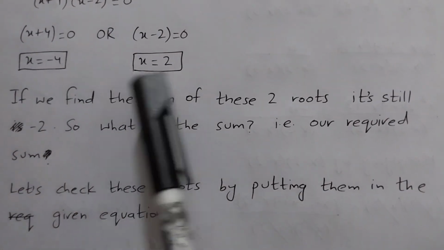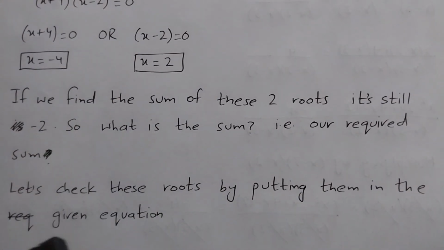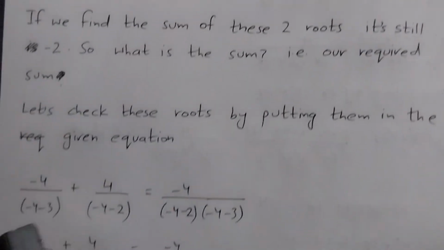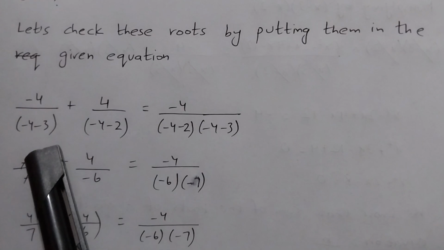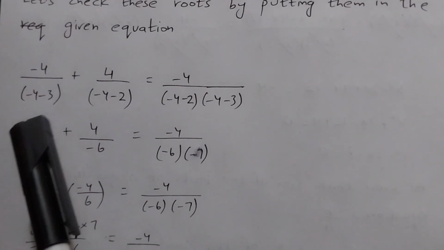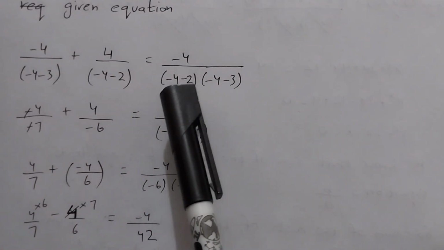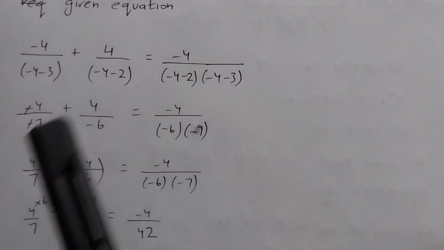So let's check these roots by putting them in our given equation, -4 and 2. When we put -4 in our given equation, we get -4 over (-4 - 3) + 4 over (-4 - 2) equal to -4 over ((-4 - 2)(-4 - 3)).